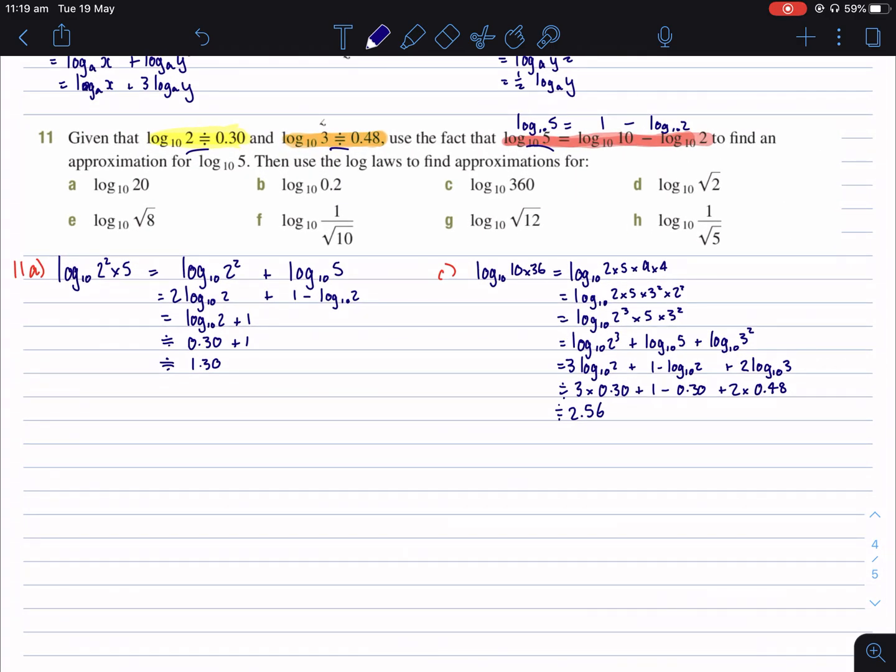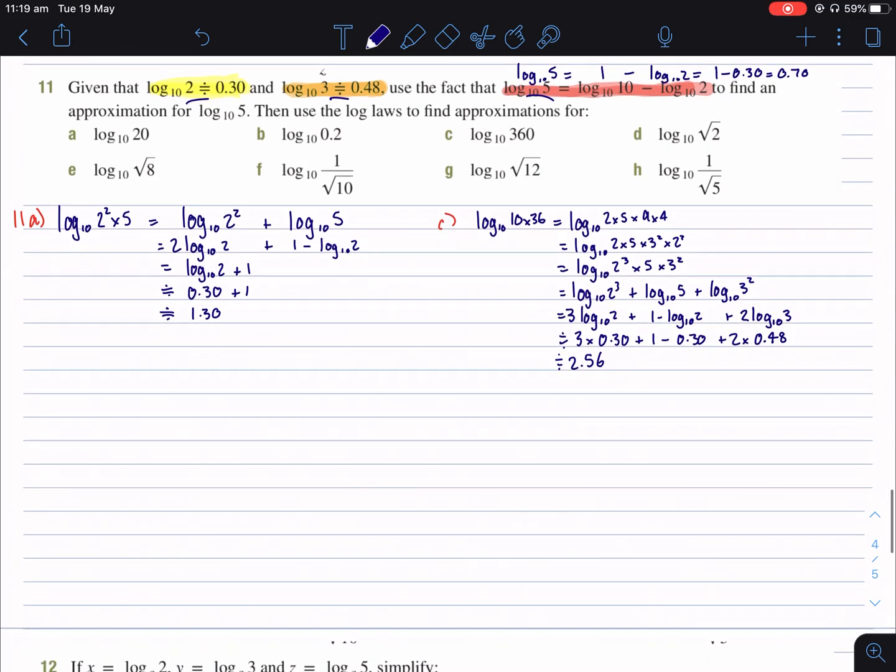Okay. Oh, they gave an approximation of log base 10 of 5. So 1 minus log base 10 of 2, 1 minus 0.30. So it's about 0.70. Okay. Whatever.